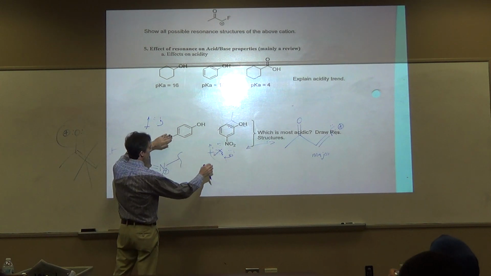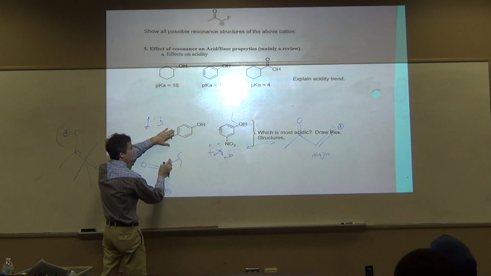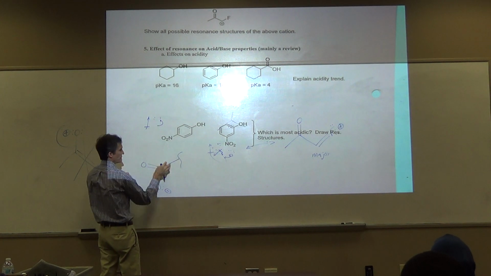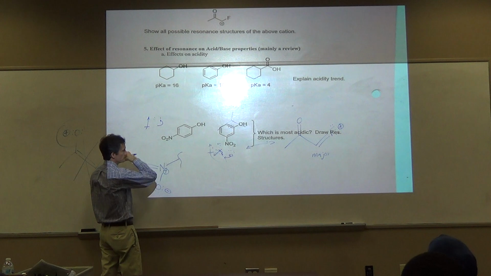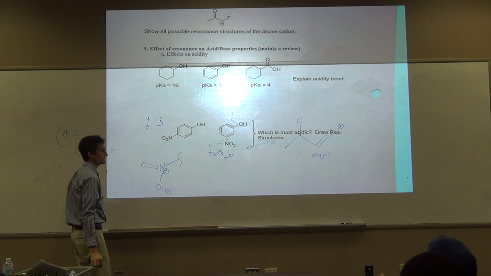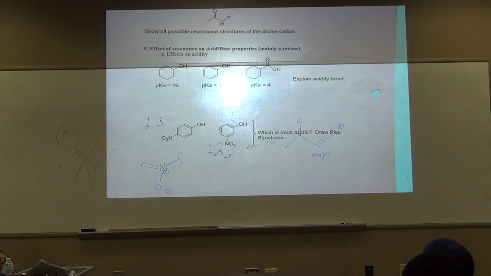This is another example of when we add groups to the benzene ring: can we do resonance into that group or not? And the more resonance you can do, the more delocalized your charge is.